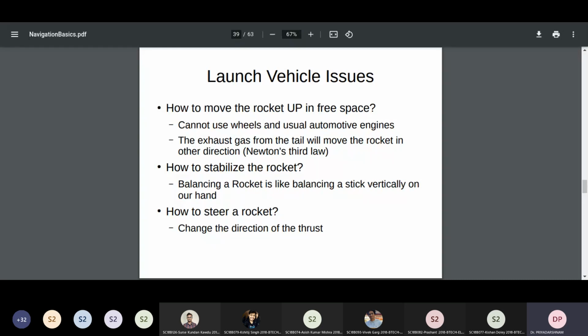You have to fire the thrusters in such a direction that the tilt is compensated. That is the requirement for steering a rocket. Some kind of gimbals are provided, or sometimes thrust vectoring. Thrust vectoring basically means changing the direction of the gas flow by firing one more smaller set of thrusters.